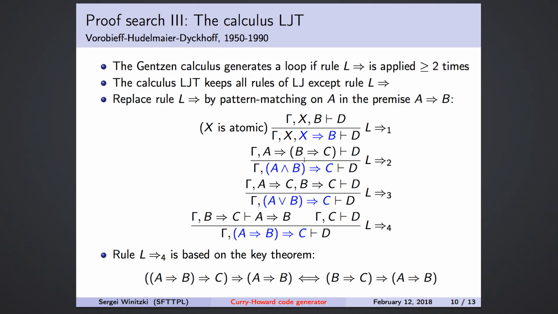And the idea of replacing it is that, well, this rule is insufficiently detailed about what kind of implication is on the left-hand side. Let's pattern match on that implication. That implication could be an implication from an atom X, from a variable. It could be an implication from a conjunction, implication from a disjunction, or implication from an implication.